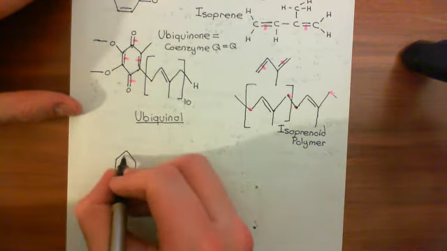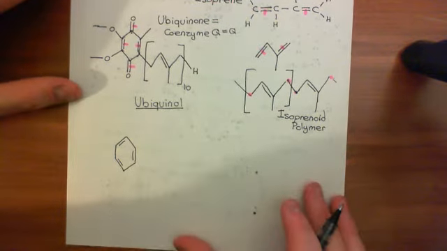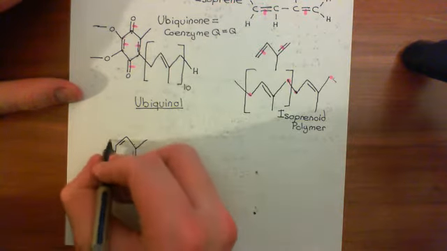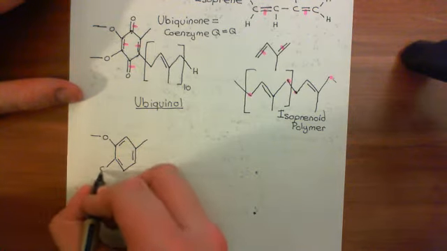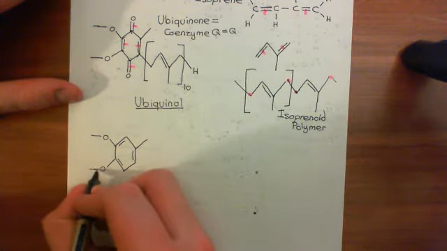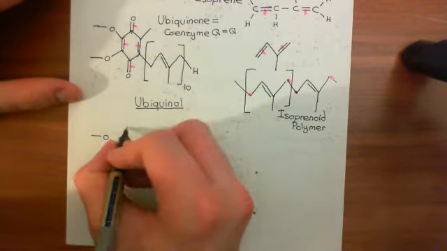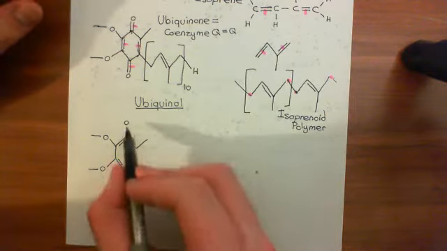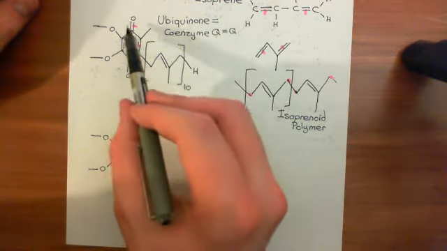Like so. So I'll put alternating double and single bonds, although we know, of course, it's a delocalized ring. Okay? And then off this carbon you'll have this oxygen with a methyl group. Off this one you'll have an oxygen and a methyl group. Off this one, you'll now have a single bond to an oxygen. Off this one, you'll have a single bond to an oxygen. Now, these 2 oxygens both have free electrons still from the breaking of these bonds here.